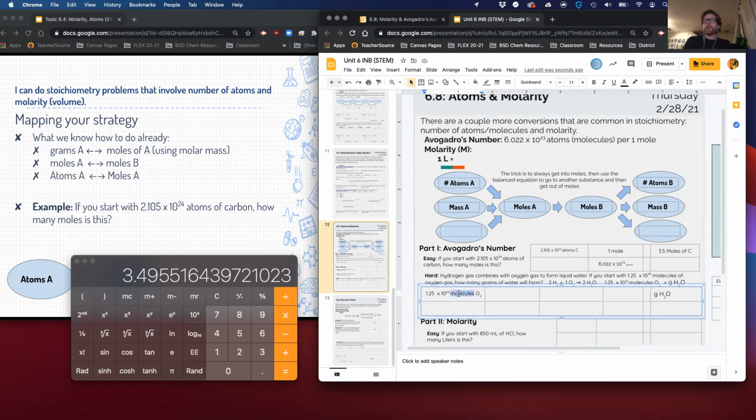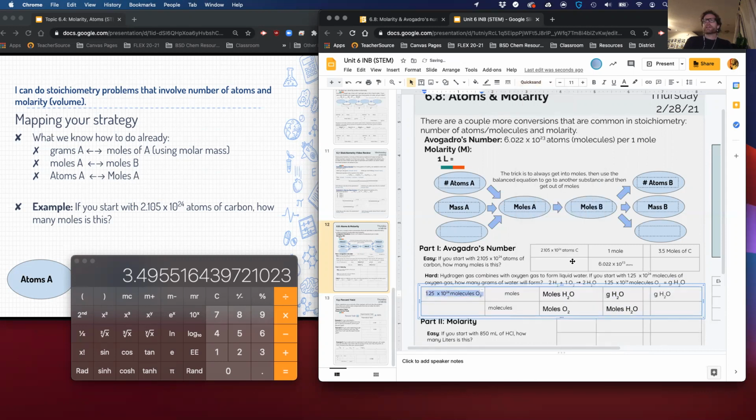So I need to get molecules on the bottom here and turn it into moles, molecules into moles. And then right here, I'm going to say, okay, well, I want to have moles of O2, and I want to get into moles of H2O, because that's my final substance. And then once I have moles of H2O, I can get it into grams of H2O with a little bit of a side hustle.